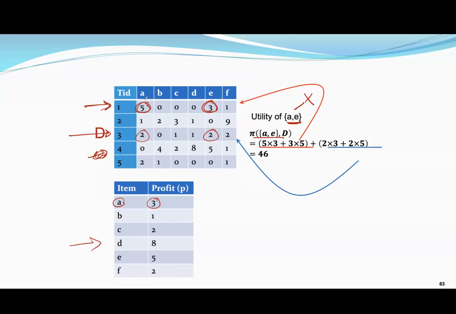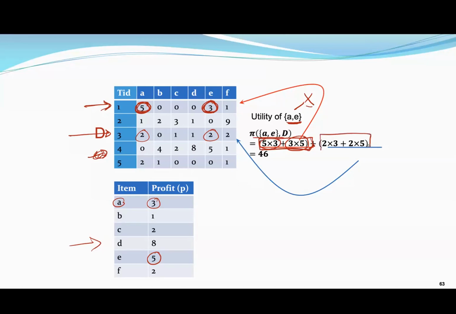So for the first transaction, we sell 5 units of A, and therefore the profit we gain would be 5 multiplied by 3. And the first transaction sells 3 units of E, and the unit profit is 5 for each E. So this is the amount of profit that we made by selling those E in the first transaction. So this is the amount of profit that we made by X in the first transaction.